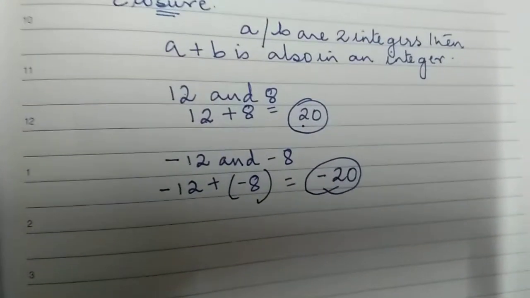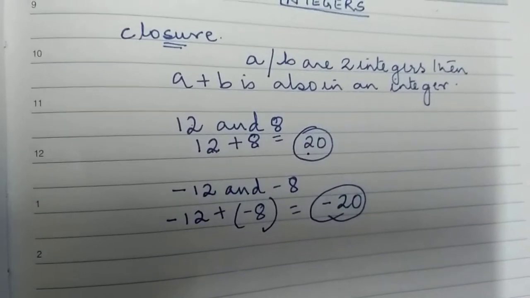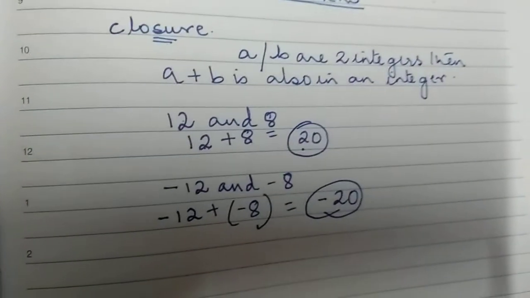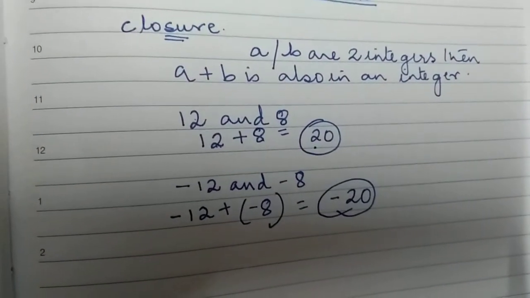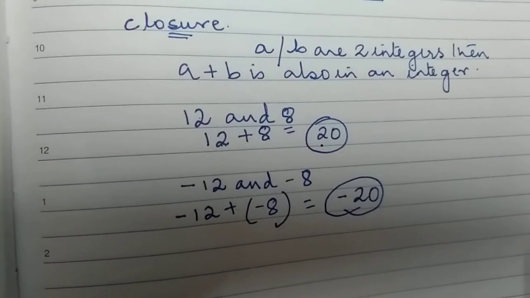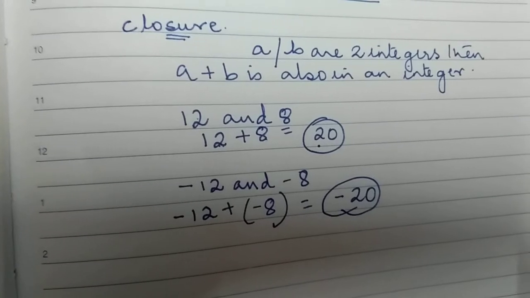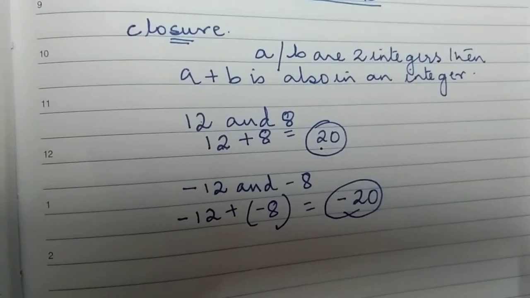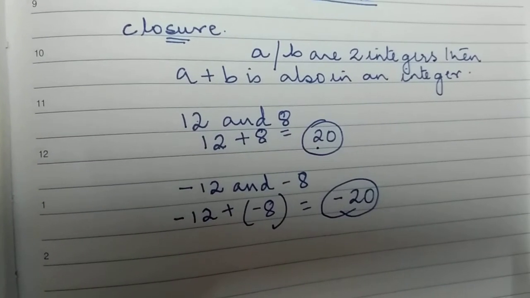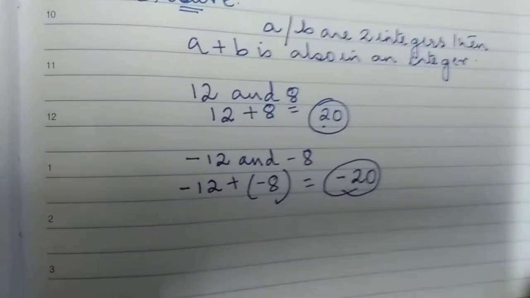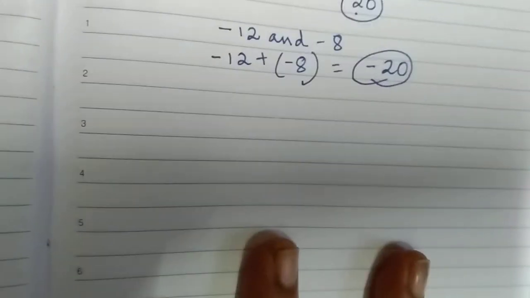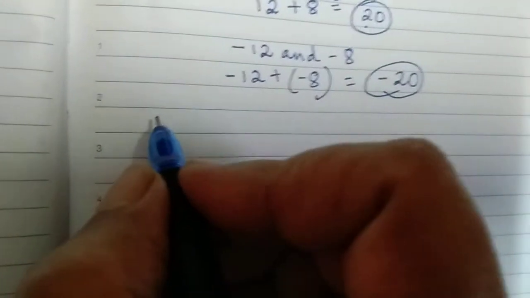So this is the first property, the closure property: if we take two integers a and b, then if we add it up, the result is also an integer.